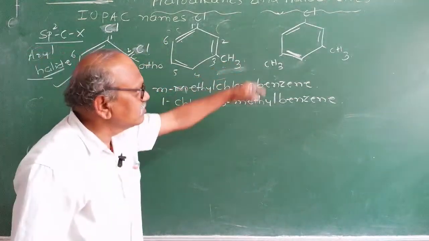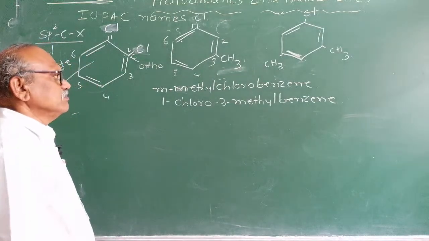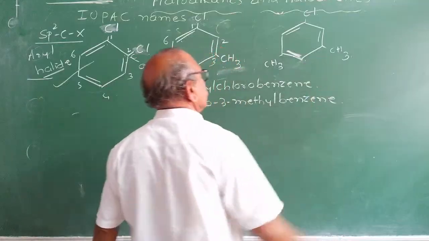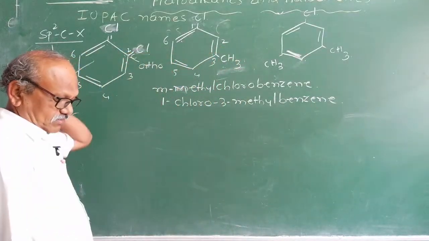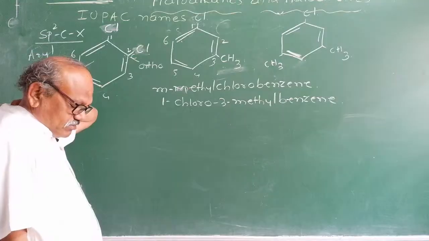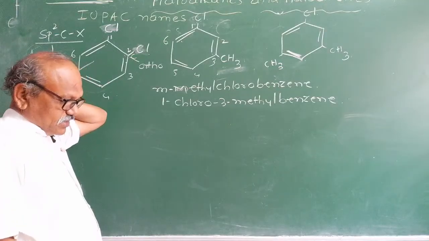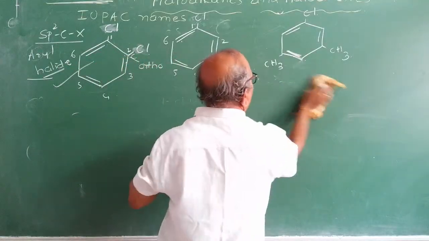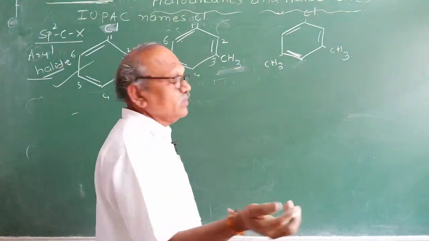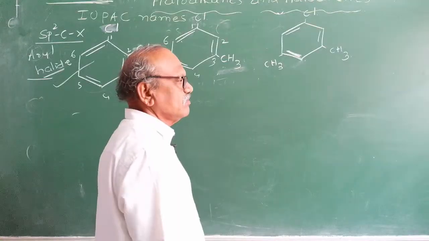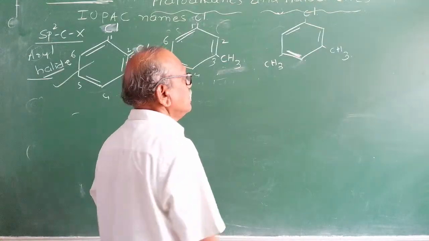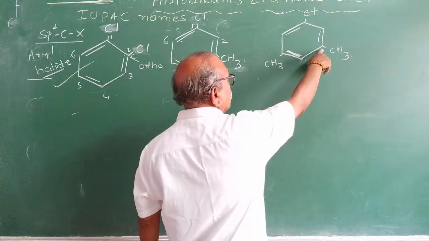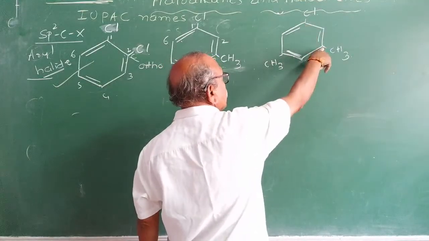What about this one? Give the IUPAC name. No need to write a common name for it. All compounds will not have a common name. Yes, meta position. Here also meta position.